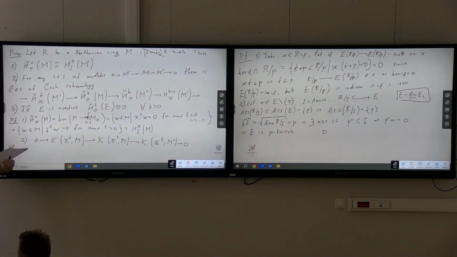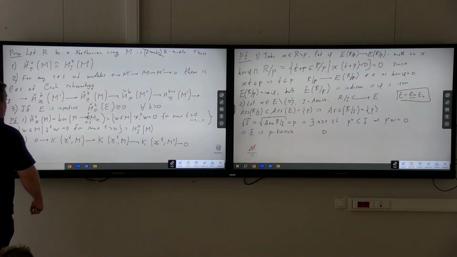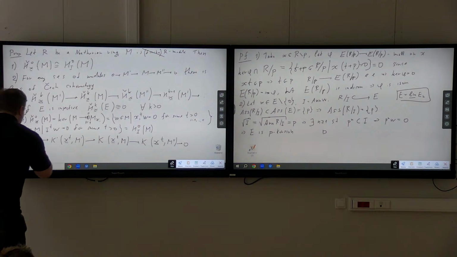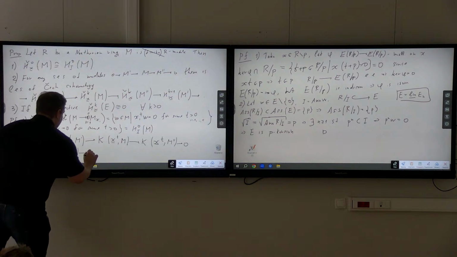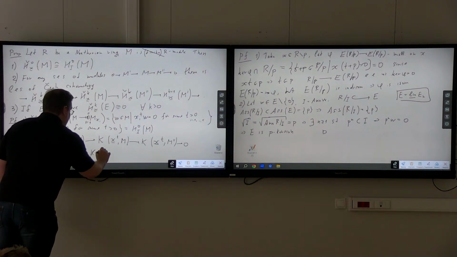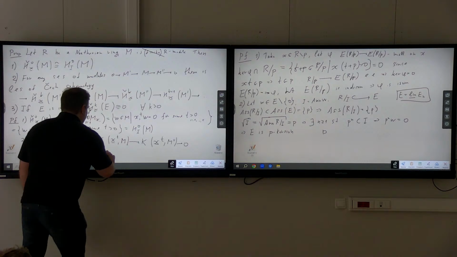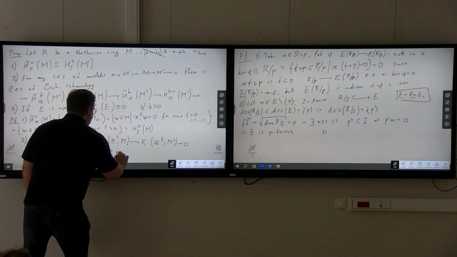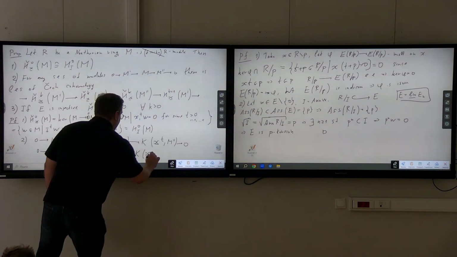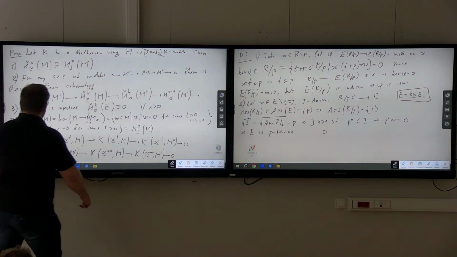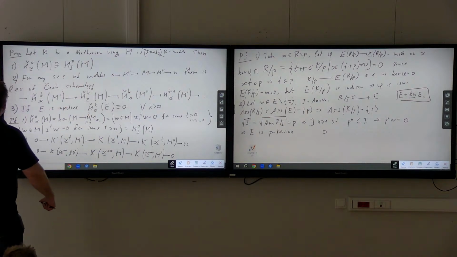And then what's left is just to take the limit with respect to t, and then you get the stabilized version. So this is quite easy, and definitely doesn't require M to be finitely generated. Okay, so this finishes the proof of 2.